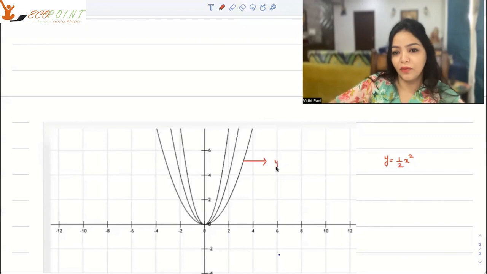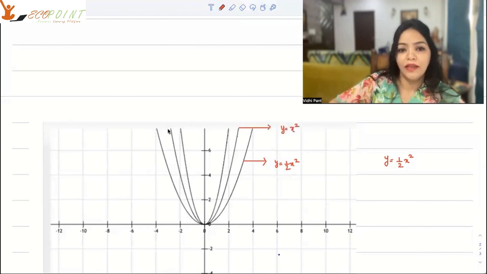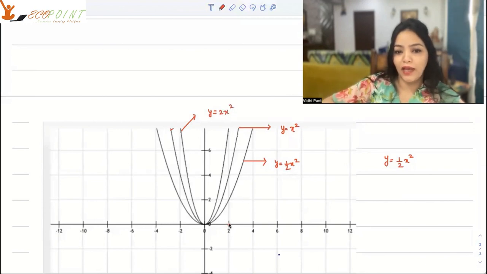This is the graph for y equals half of x squared. This is the graph for y equals x squared. And this is the graph of y equals twice of x squared. So you would notice that at 2, the value for this one is 4 by 2, so (2, 2) is the point.